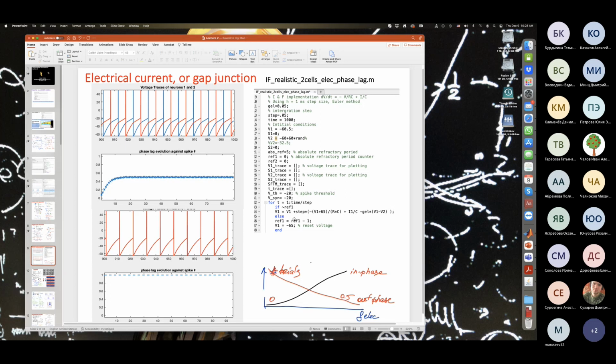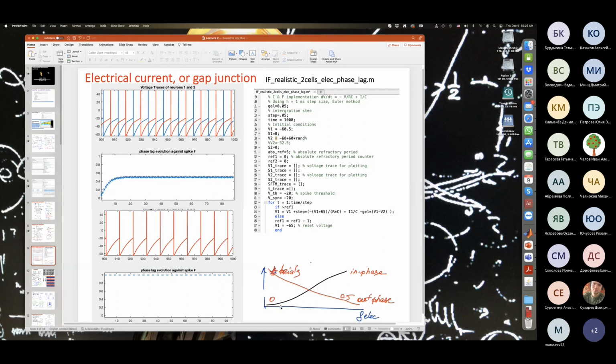I removed this file from the Dropbox. What you can do is run it in a cycle, gradually increasing this G electric, and try, say, 100 times. You will see that when G electric is relatively weak, and you're welcome to figure out what that means, typically you're going to have anti-phase or out-of-phase spiking in the cells.